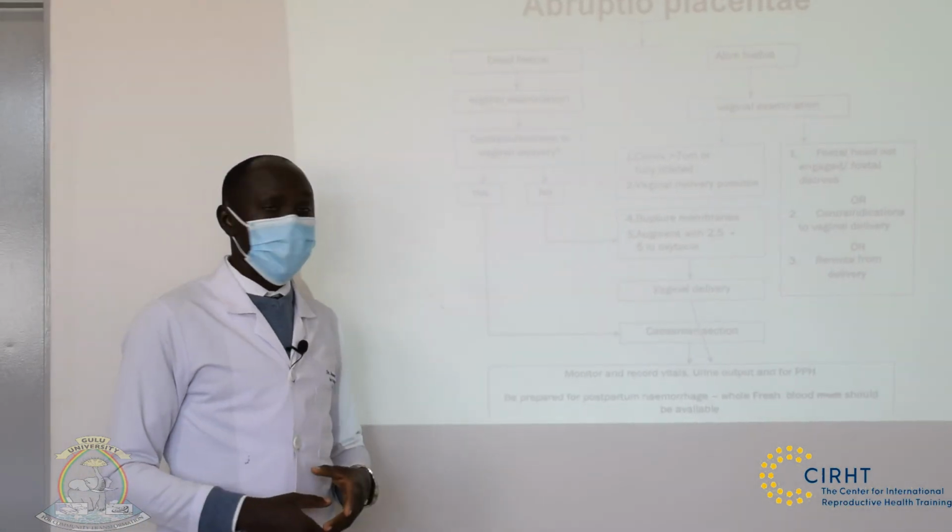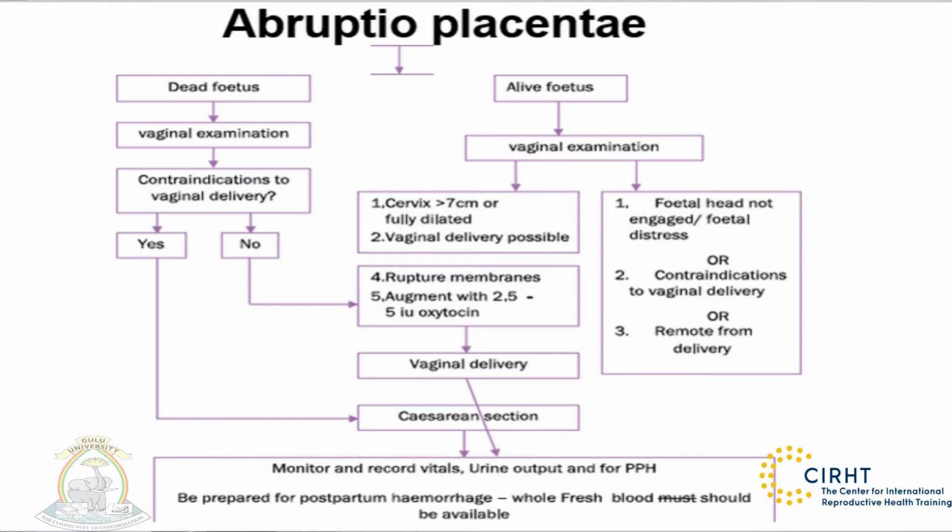If vaginal delivery is contraindicated, then what do you do? You do a cesarean section. However, if vaginal delivery is not contraindicated, you go ahead to rupture the membranes, augment the labor, and deliver this mother, while you continue to monitor the vitals of the mother post-delivery or in the puerperium.